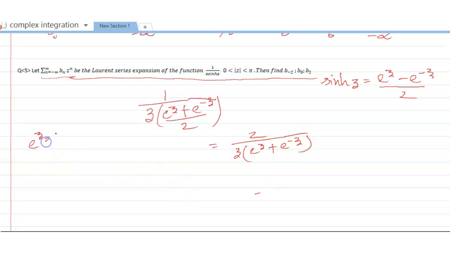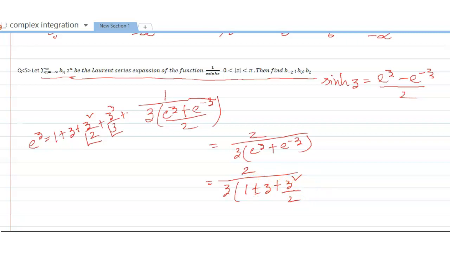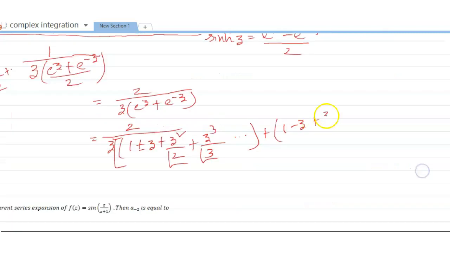e to the power z is equal to 1 plus z plus z square by 2 factorial plus z cube by 3 factorial. I apply this formula and I can write this way: 2 divided by z into 1 plus z plus z square by 2 factorial plus z cube by 3 factorial, plus 1 minus z plus z square by 2 factorial, up to infinity.